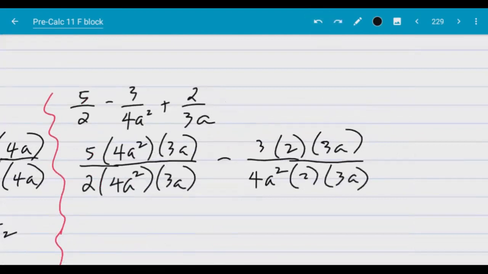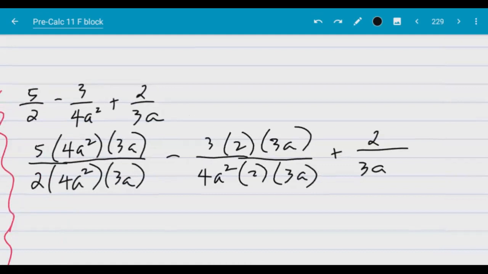I just multiplied it by the other two denominators. Plus 2. The original denominator is 3A, and since I'm multiplying all of them, I need these two. I multiplied the bottom by 2 and by 4A squared. And once again, what you do to the bottom, you do to the top.